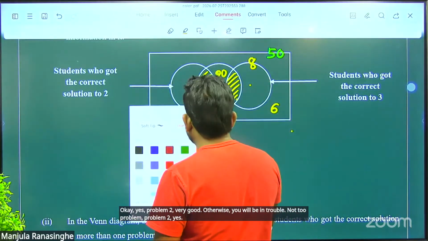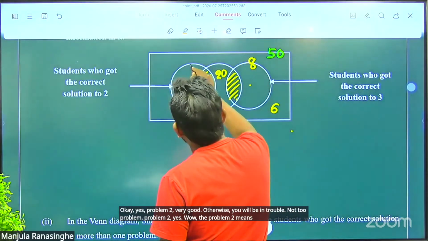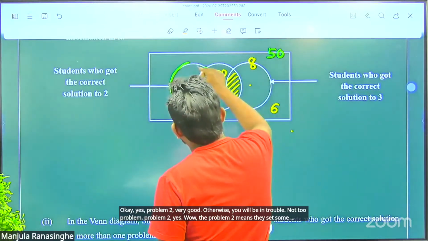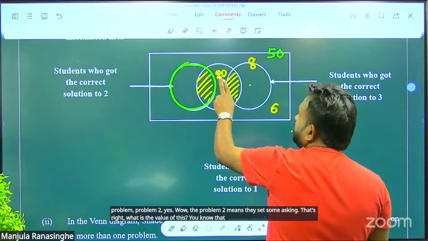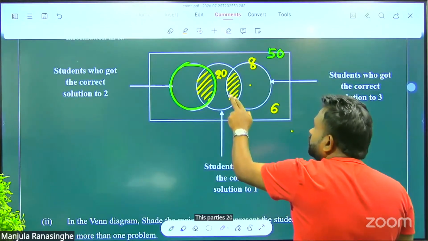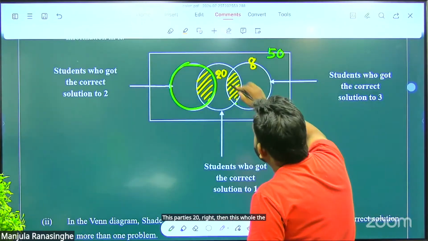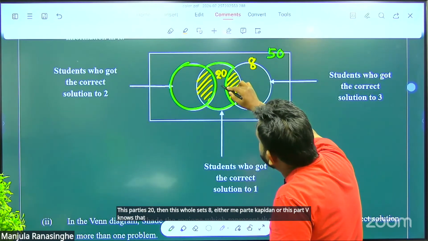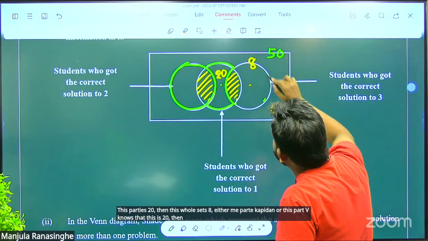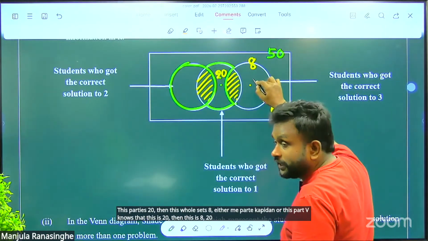The problem 2 means this set's sum they are asking. What is the value of this? You know that this part is 20, right? Then this whole set is 8. This part we know is 20, then this is 8, 20 plus 8, 28.